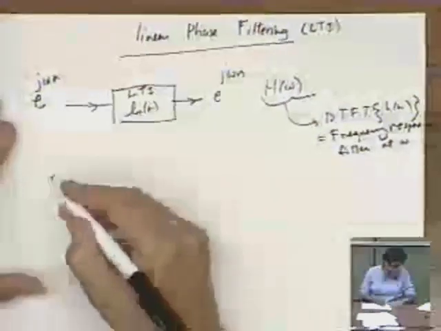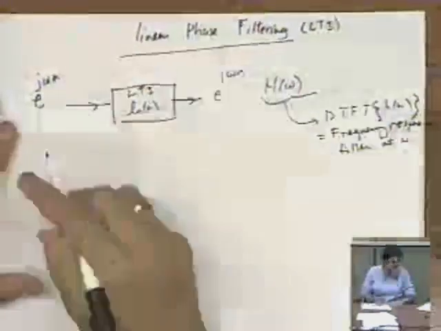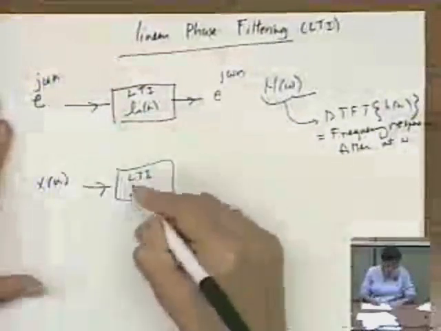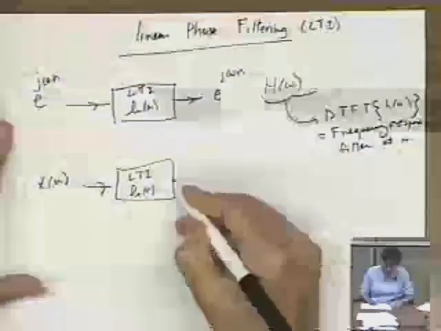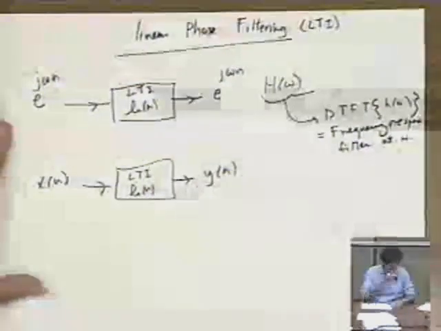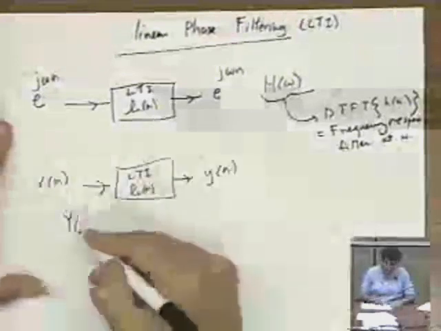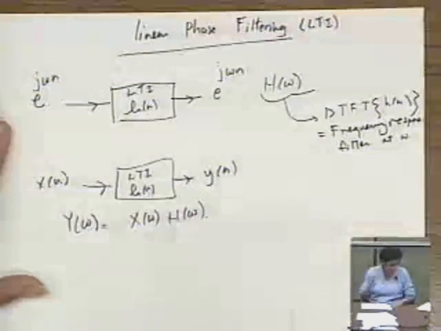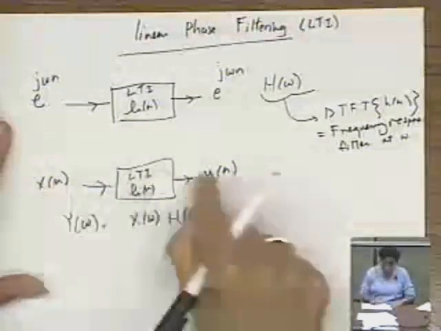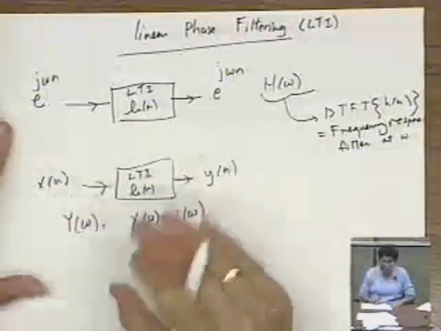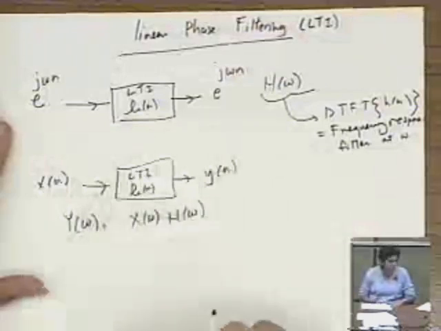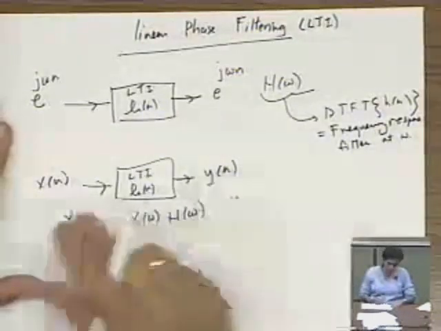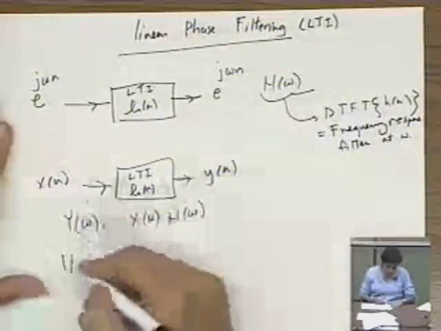And what do I really mean by linear phase? Well, if I now talk about a slightly more general form of this, for example, x of n going into an LTI filter with h of n, and out comes y of n, then I can write down the relationship between the Fourier transforms of these two: Y of omega is X of omega times H of omega. That's the convolution property: convolution in the time domain corresponds to multiplication in the frequency domain.